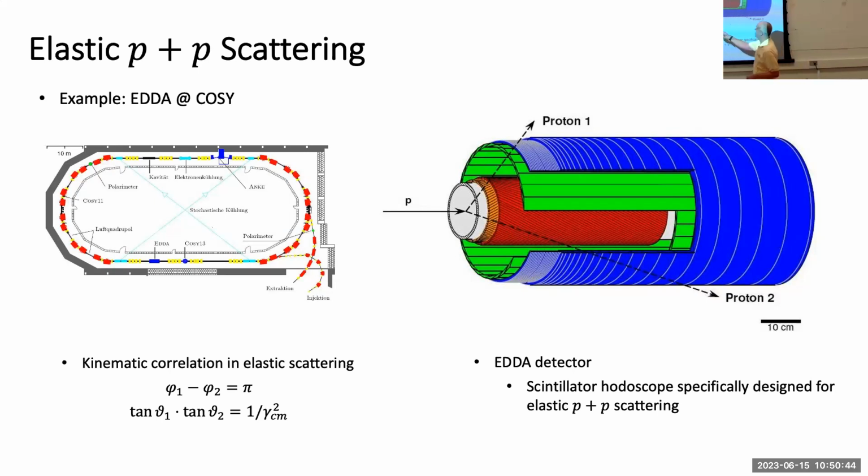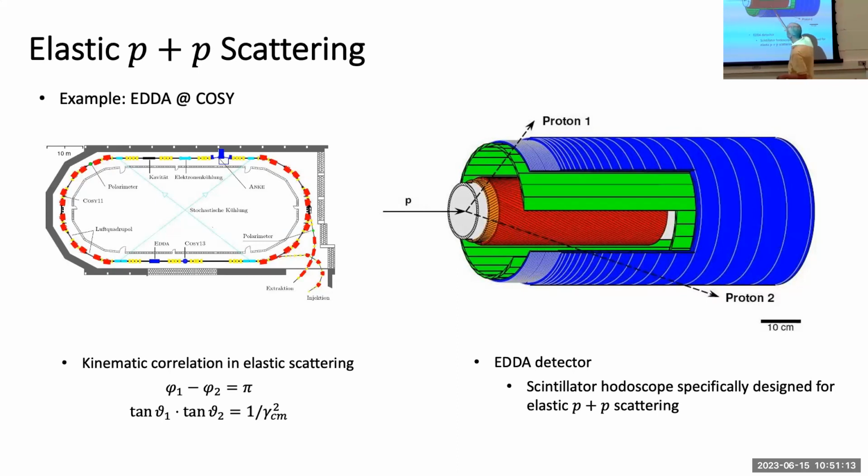So we have this polarized proton beam that goes up to 3.3 GeV in momentum, and then we have a fixed target here. And we have the scattered proton and the recoiled proton. And this detector essentially was just a simple scintillator hodoscope that was specifically laid out to measure two particles and the kinematic correlation between those two.